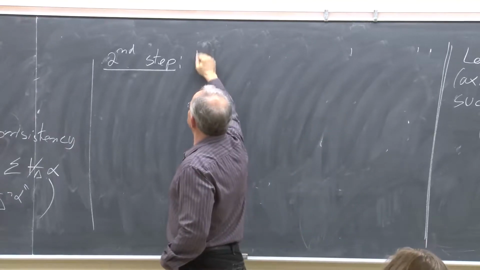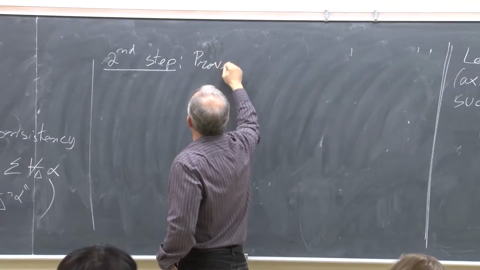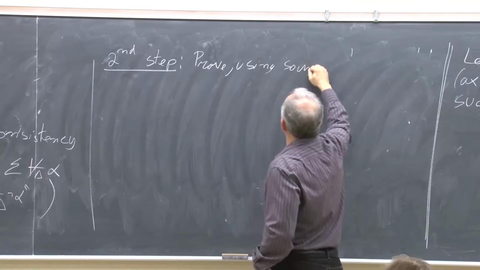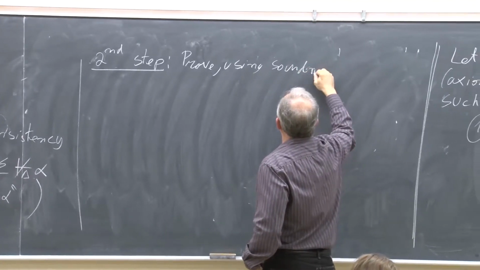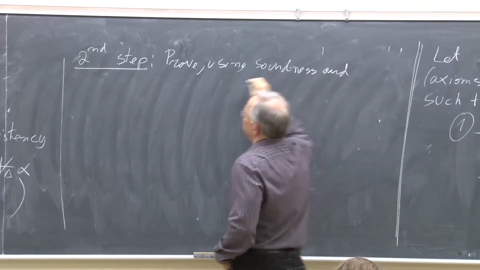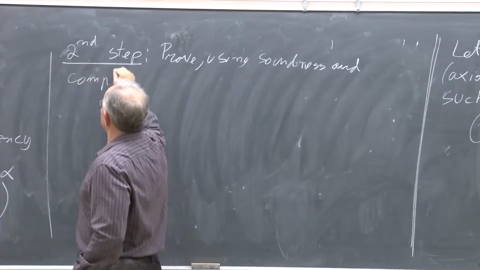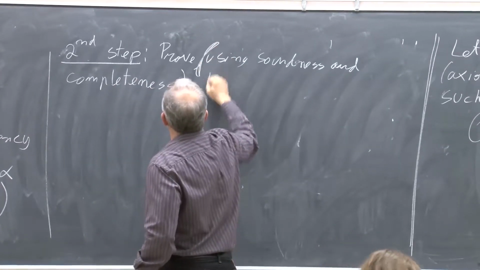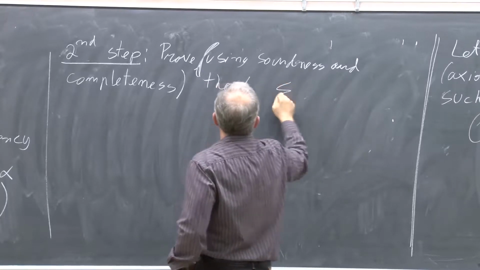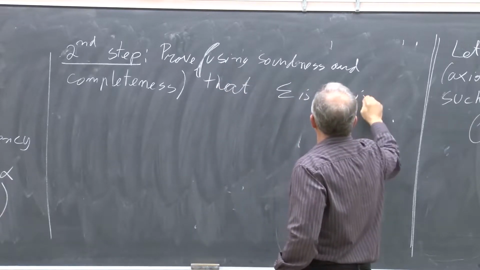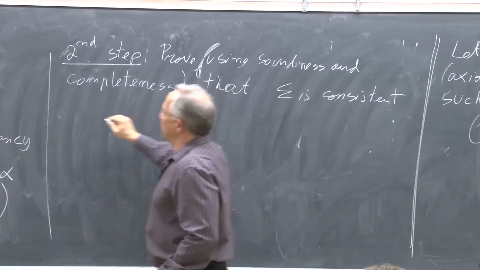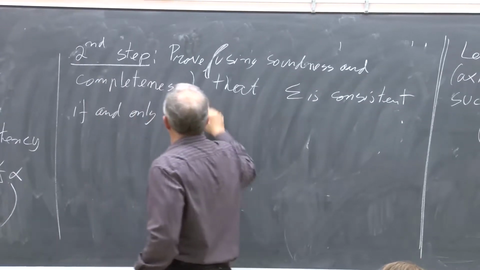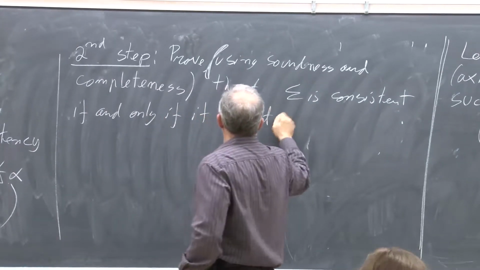Now we can prove, using soundness and completeness, that sigma is consistent if and only if it is satisfiable.